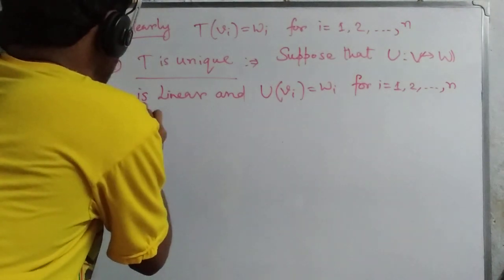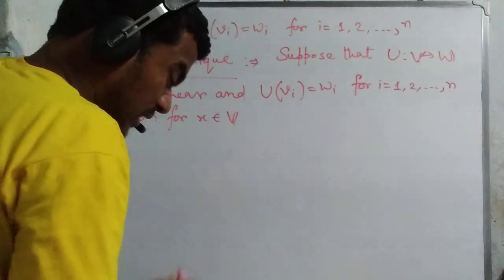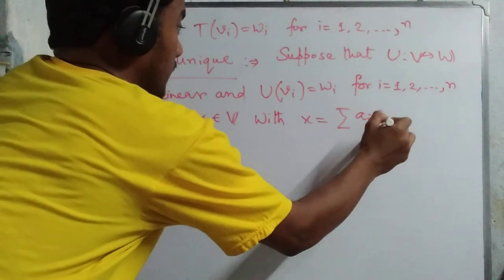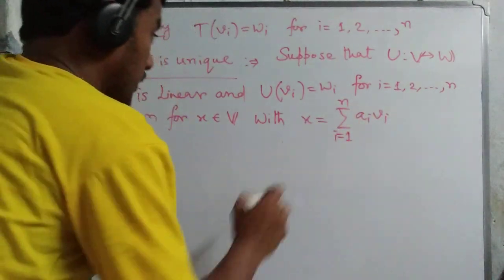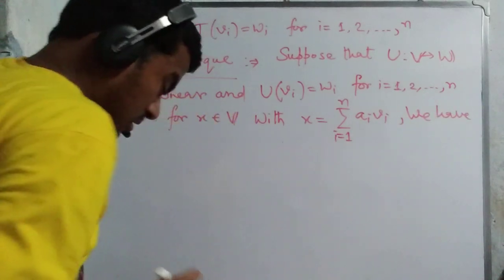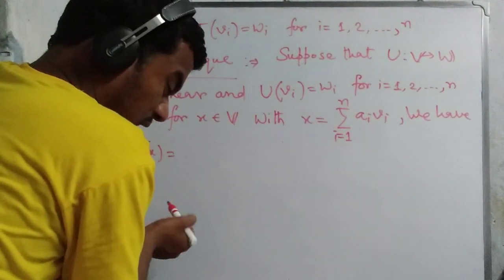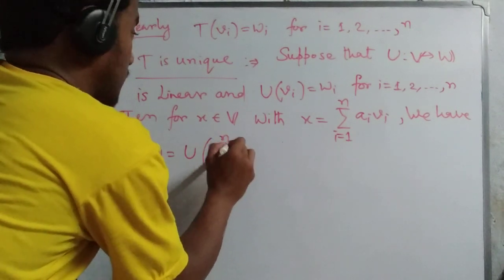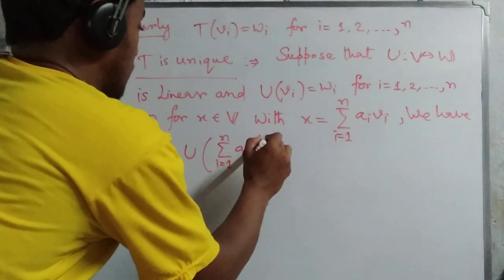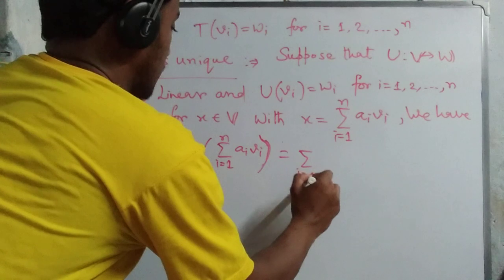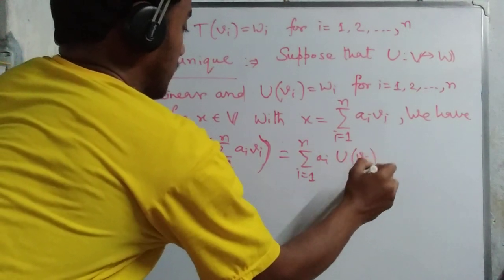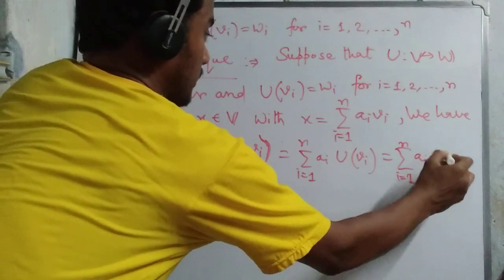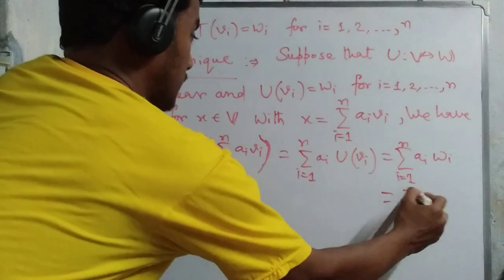Then for x belonging to V, with x a linear combination of the vi, we have U of x equal to U of the summation of ai vi, which equals the summation of ai U of vi, which equals the summation of ai wi, which equals T of x.